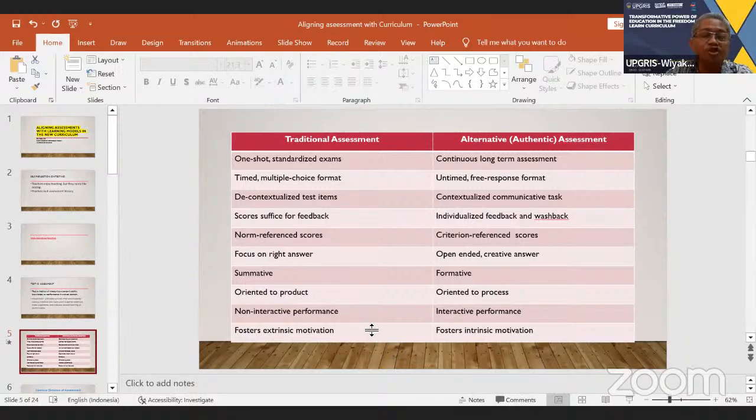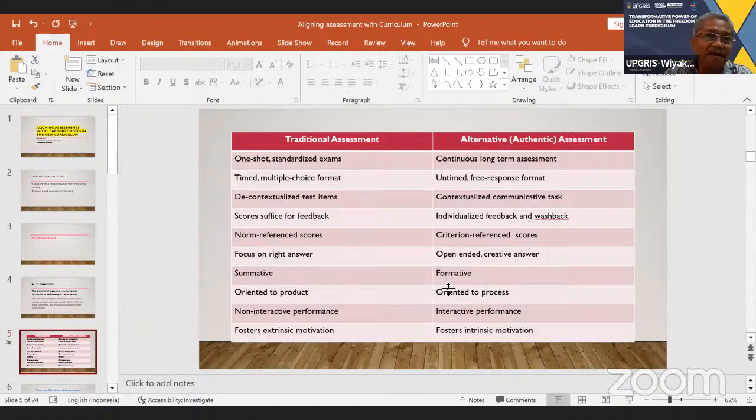In traditional assessment, let's say last time we had the UN, ujian nasional, this was a very standardized one-shot exam. Students worked hard to prepare for the examination just because when they got good marks, they would be accepted to continue their study at good schools, for example.